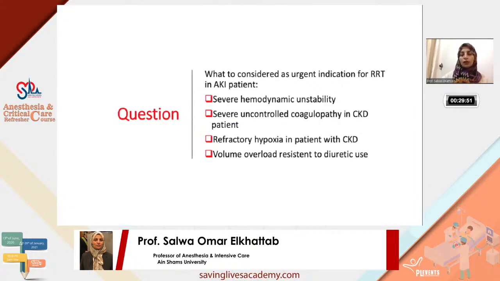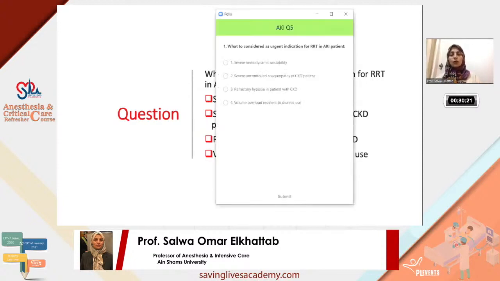Another question: what do you think about the indication of urgent renal replacement therapy in acute kidney injury? Is it severe hemodynamic instability, or the patient having an uncontrolled coagulopathy and being a chronic kidney disease patient, refractory hypoxia in a patient who has chronic kidney disease, or being volume overloaded with resistance to diuretic effect? What will push us to go emergently to renal replacement therapy?